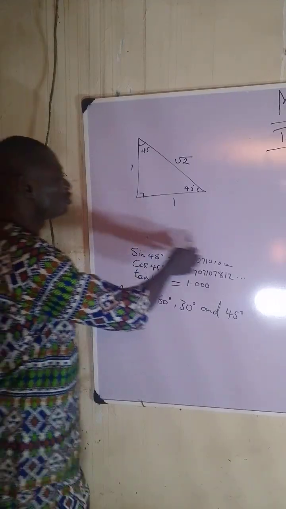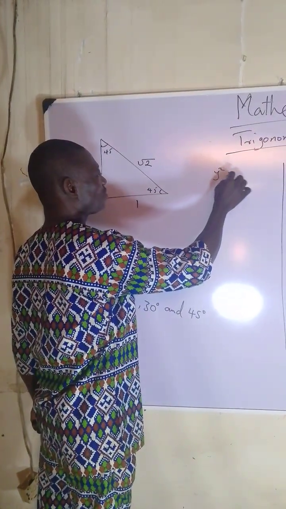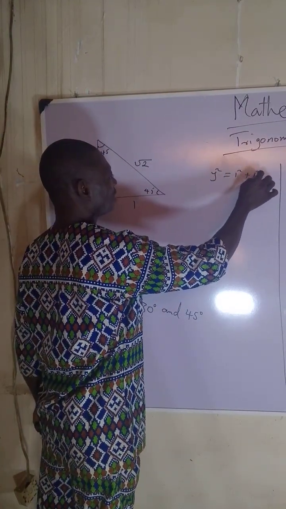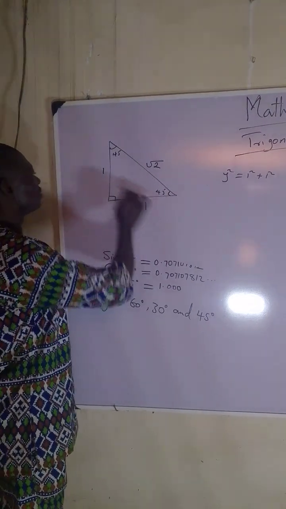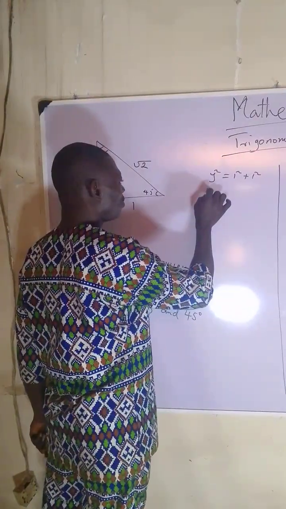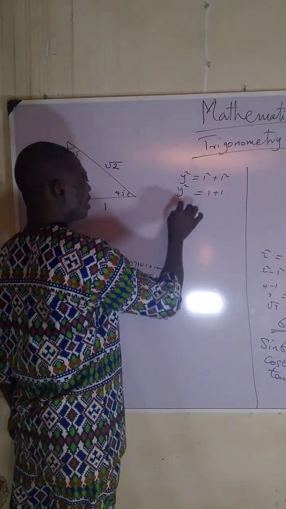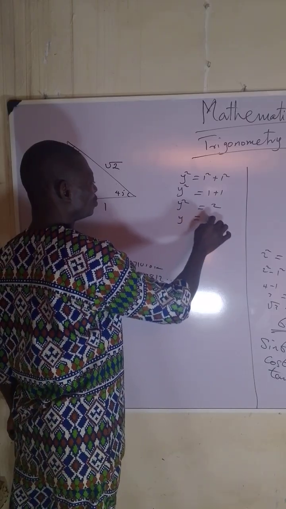Assuming you don't know how that root 2 comes, assuming we call it y squared is equal to 1 squared plus 1 squared. Remember, we have already at the initial time given 1 unit to these sides arbitrarily. So here we're going to have y squared being equal to 1 plus 1, y squared equal to 2, and y is equal to root 2.